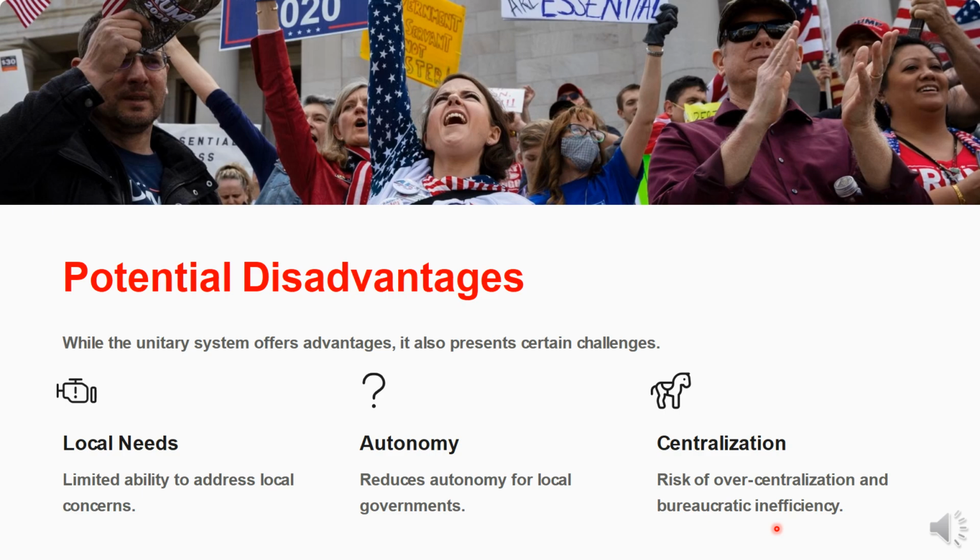A unitary system can be inflexible, making it difficult to respond to unique local circumstances. So these disadvantages can impact the effectiveness and responsiveness of governance.